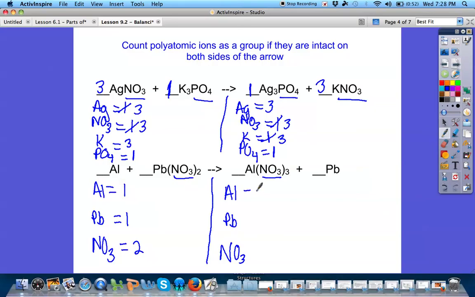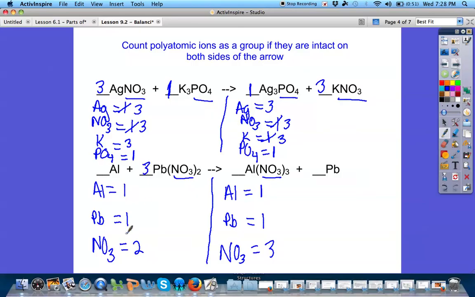In our products, we have 1 aluminum, we have 1 lead, and we have 3 nitrate. So everything is equal except for our nitrate. Again, there's nothing I can multiply by 2 to get 3, and nothing I can multiply by 3 to get 2. So we're looking at the least common multiple, which is going to be 6.